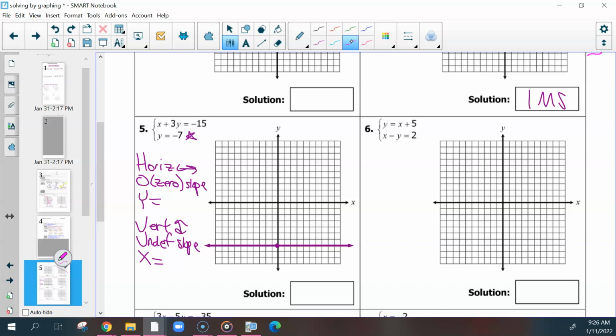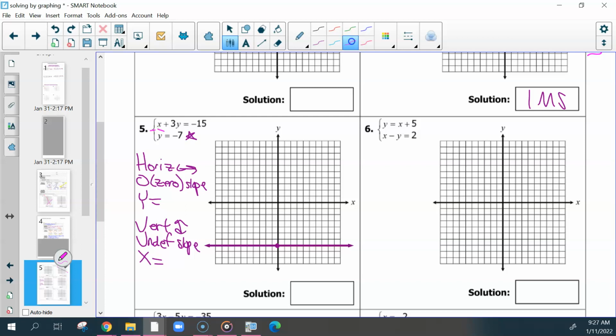And before I solve the other one, I know a couple things. These are not the same, so infinitely many solutions is out. And these don't have the same slope because this one has an x and a y, this one just has a y. So these can't be parallel either.